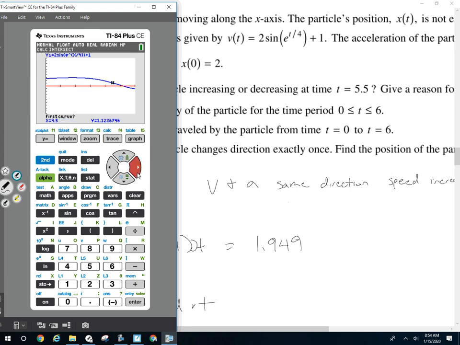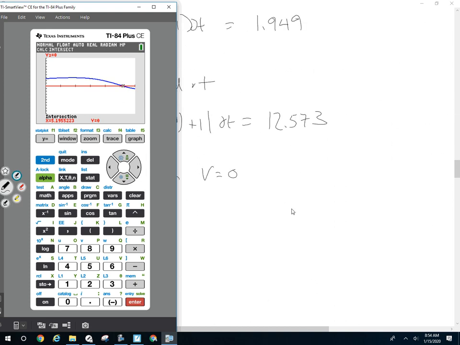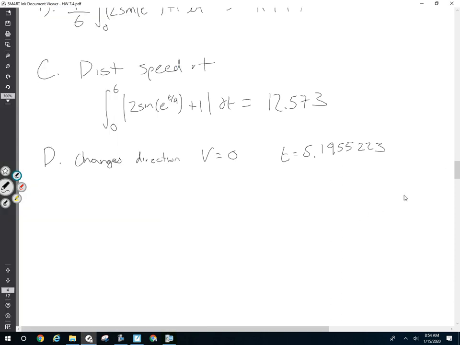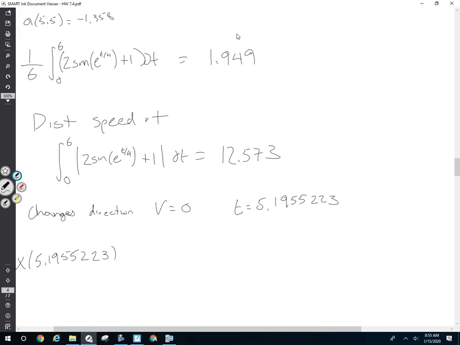Now, since this time is not my final answer, I do not want to round this. So I did the work using my calculator. This number, I'm going to leave all the decimals in it because it's not my final answer. Now, I need to find my position at that time. Here's the deal. You can't take the antiderivative of velocity.